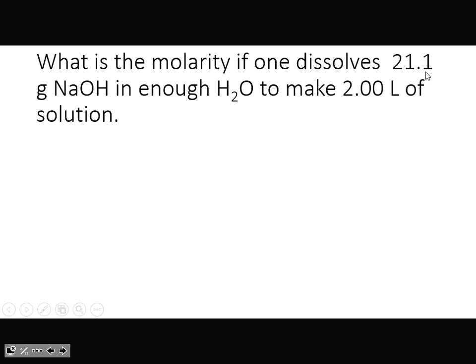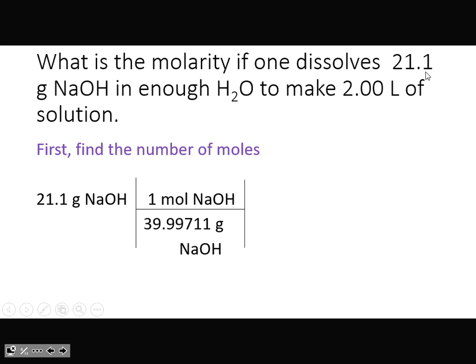Here I am. I'm back. To convert the 21.1 grams of sodium hydroxide into moles, I'm going to use the following. Do I get a cancel in my conversion box? 1 mole of sodium hydroxide on the top, 39.99711 grams of sodium hydroxide on the bottom.